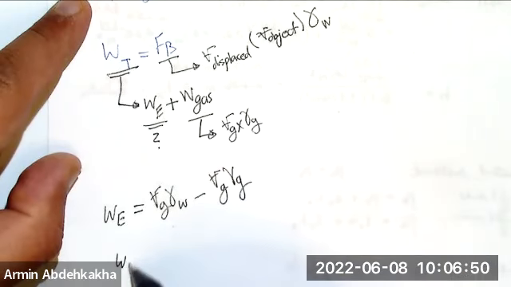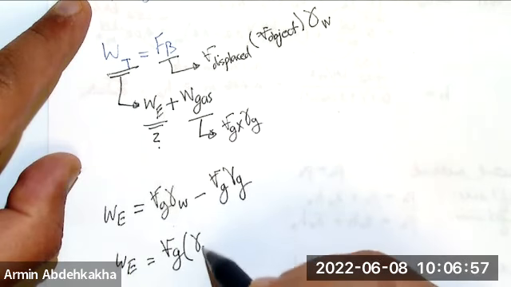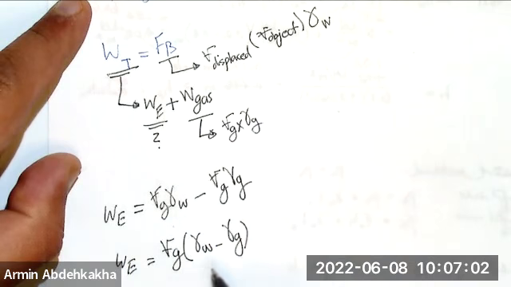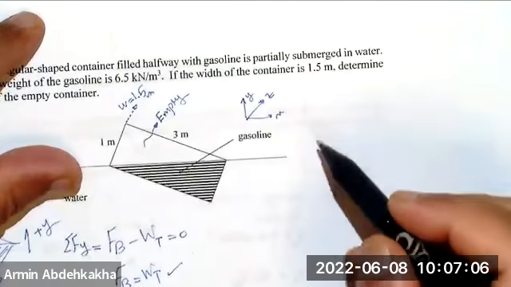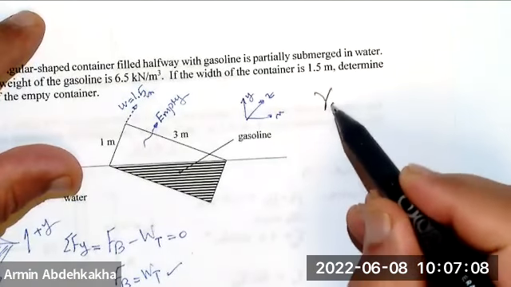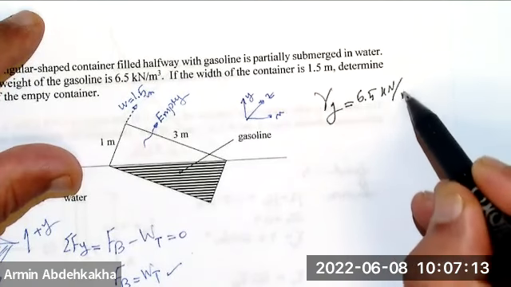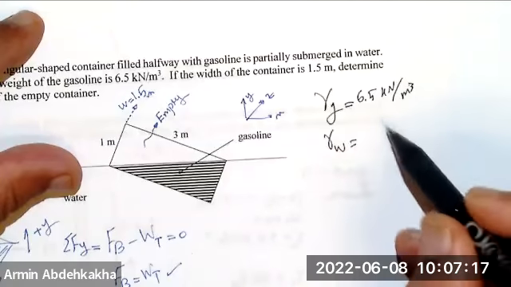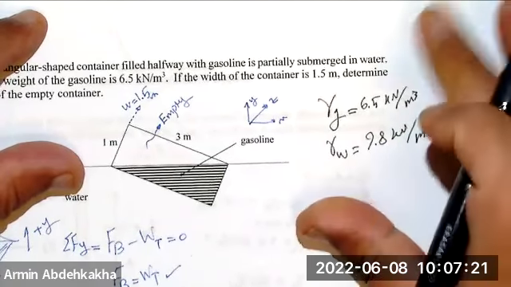And we can write that the W of E is equal to V of the gasoline times gamma of water minus gamma of G. Gamma of water, I wrote it here for you. The gamma of the gasoline is 6.5 kilonewton per meter cube, and gamma of water is 9.8 kilonewton per meter cube.